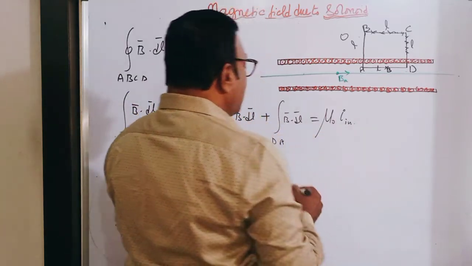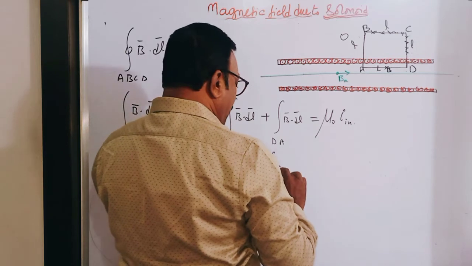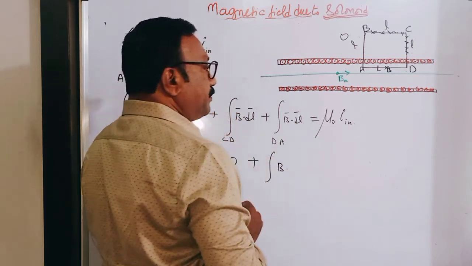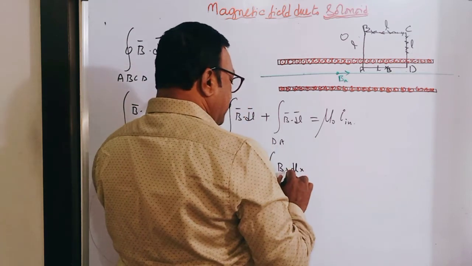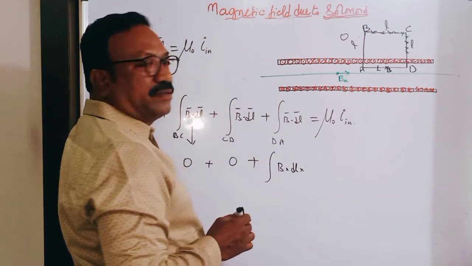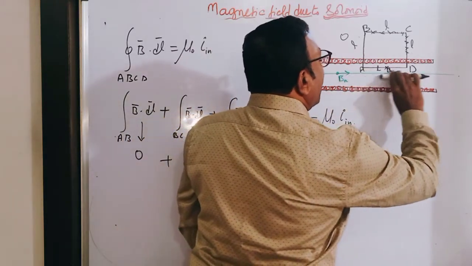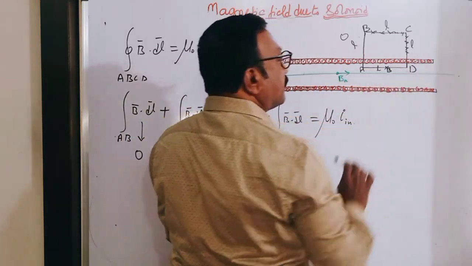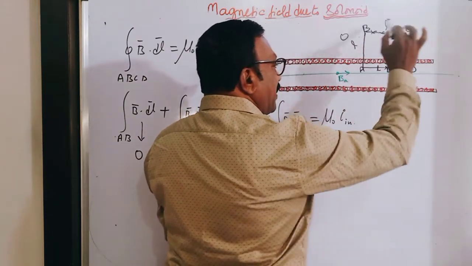So what happens now, B dot dl along DA. The magnetic field B into dl into cos theta, since A bar dot B bar is AB cos theta, no? See, this is the direction of magnetic field. And I have taken a loop like this, for example.